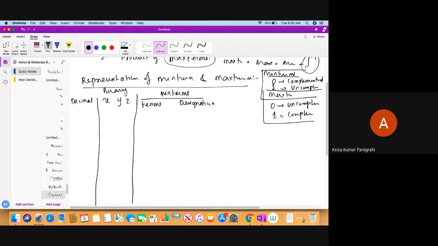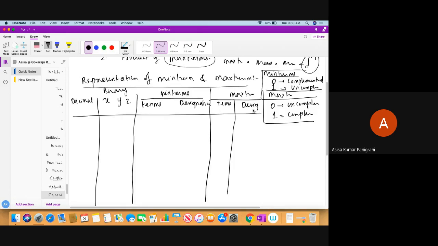Similarly for the max terms: the terms, and the designation of the particular terms. We'll see those things here. Very simple, please try to understand. If you are not understanding, ask me multiple times.